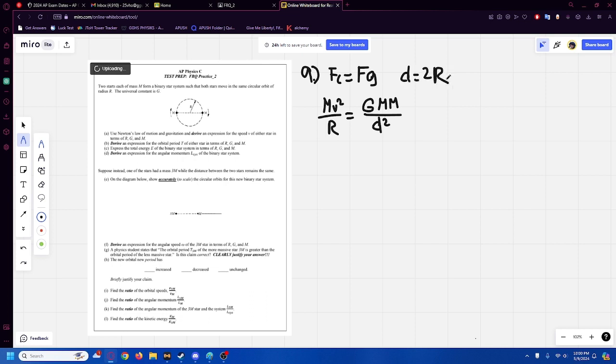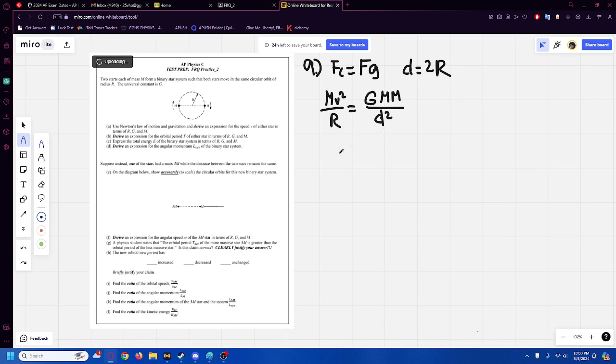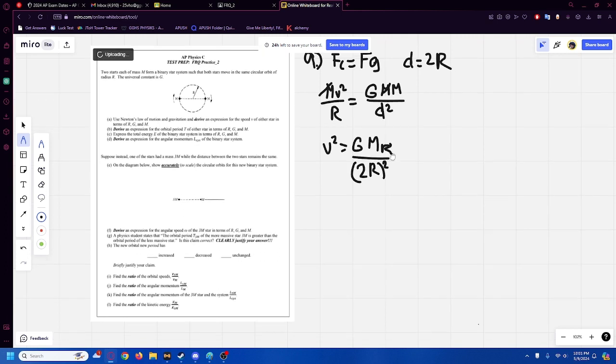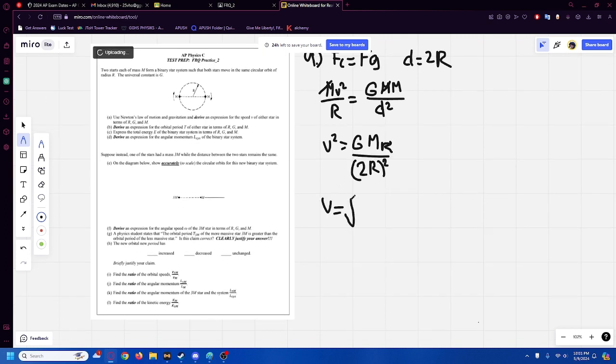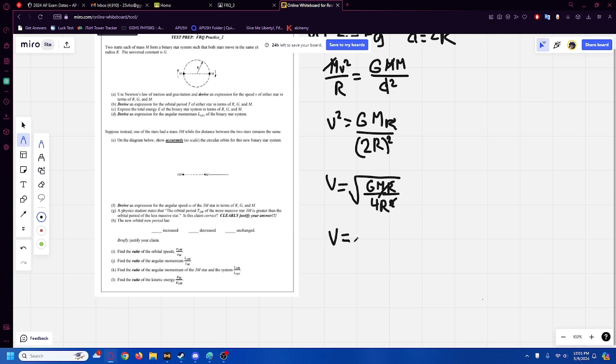The m cancels out, so v squared equals GM over 4r squared times r, and the r's cancel out, so v is equal to the square root of GM over 4r for part A.